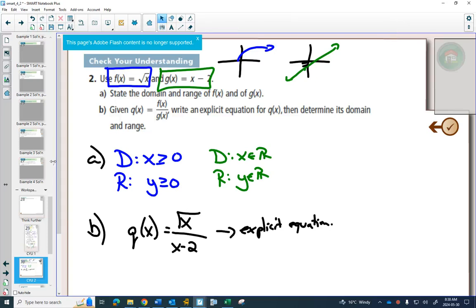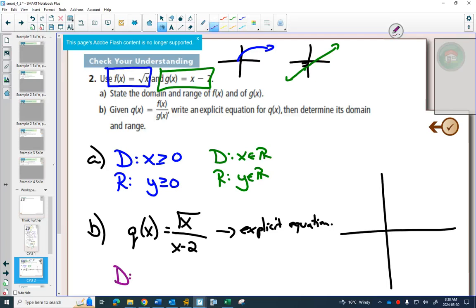And this isn't something that we've done a lot of. So when we go to draw our graph, because the domain you could do without drawing the graph. So first of all, the domain is going to be, of this new one, I'll do it in purple. The domain is going to be x is bigger than or equal to 0 because it has to be where the two domains overlap.